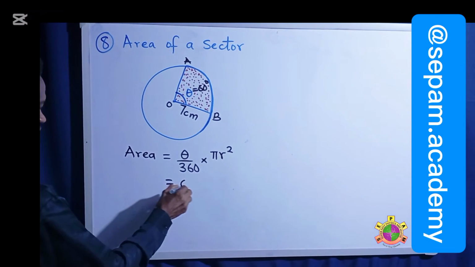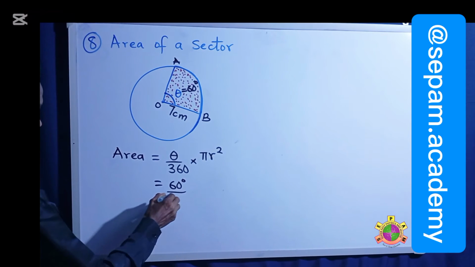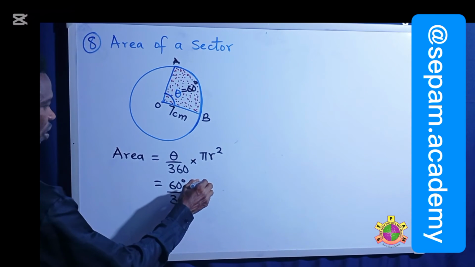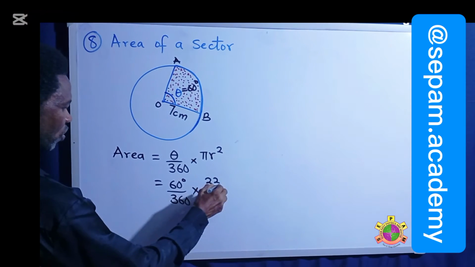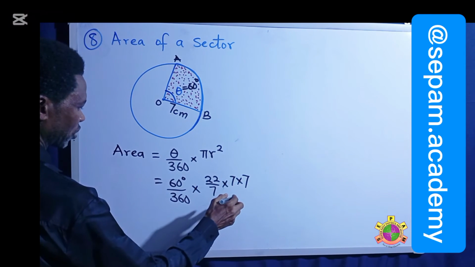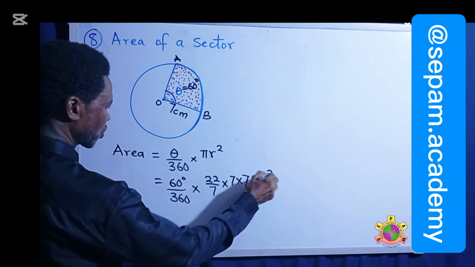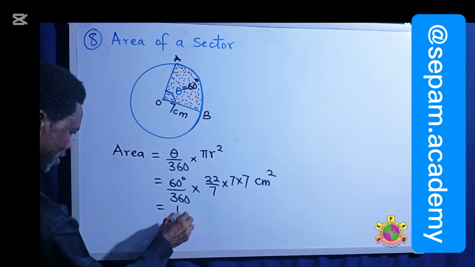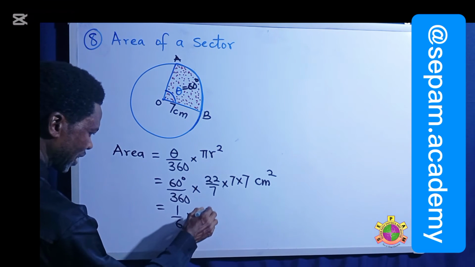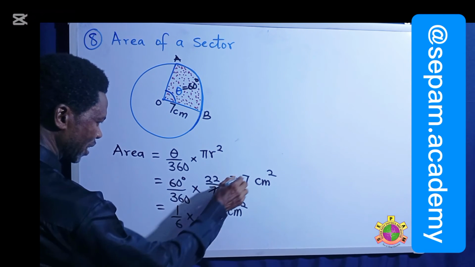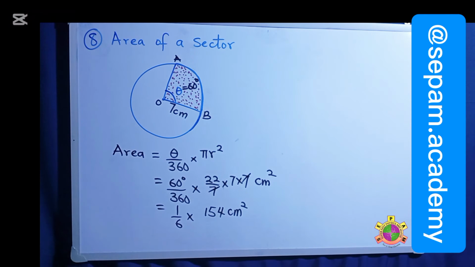It's going to be 60 degrees over 360 times 22 over 7 times 7 times 7, all in cm squared. So this becomes 1 over 6 times 154 cm squared. So this cancels this, and this times this is 154.